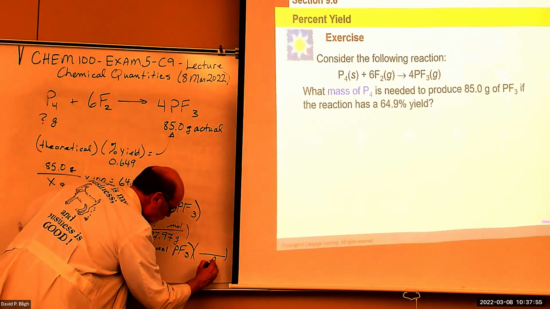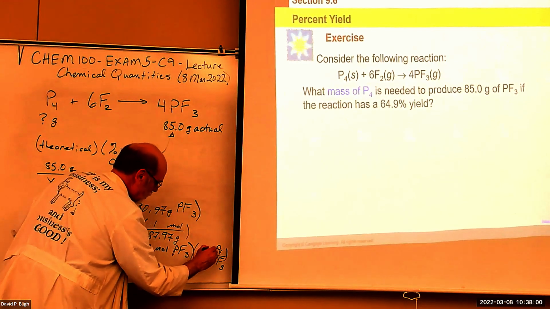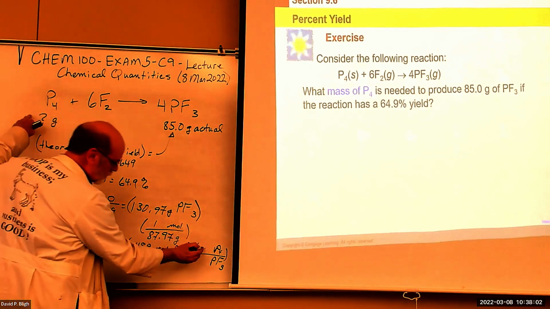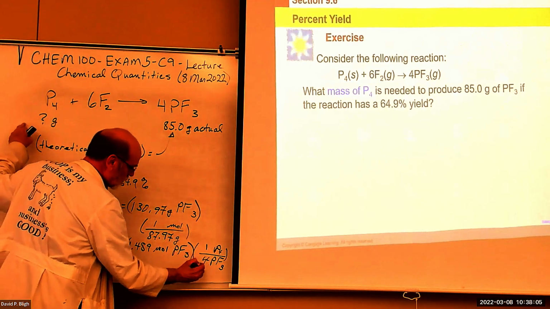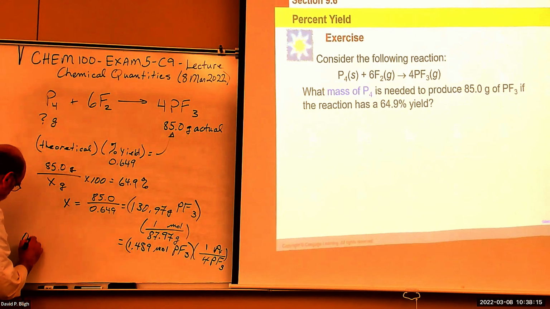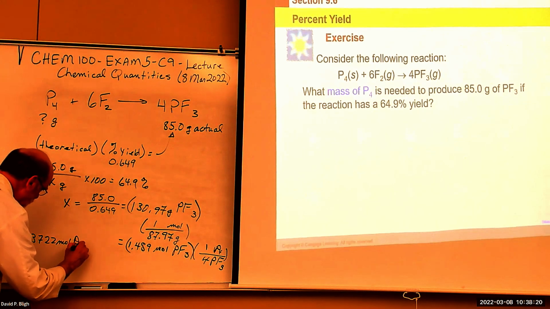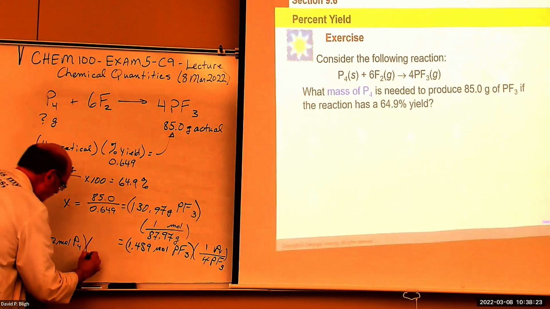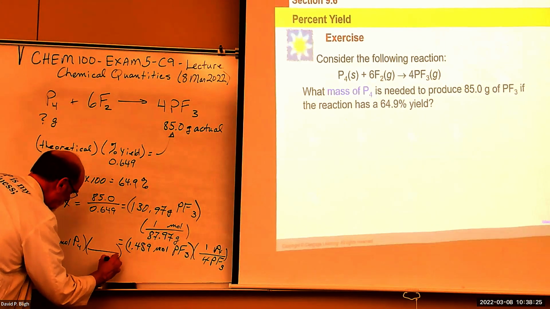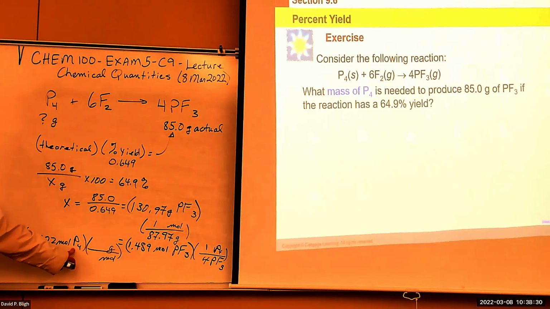So we need to get rid of PF3 and leave us with P4. Coefficient there is 1, coefficient here is 4. So we just take a fourth of that value. 0.3722 moles of P4. Now we can convert that to mass. But don't forget, this is P4.